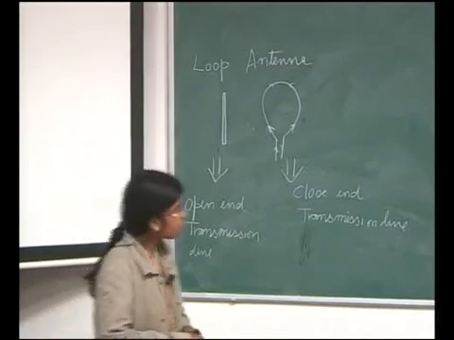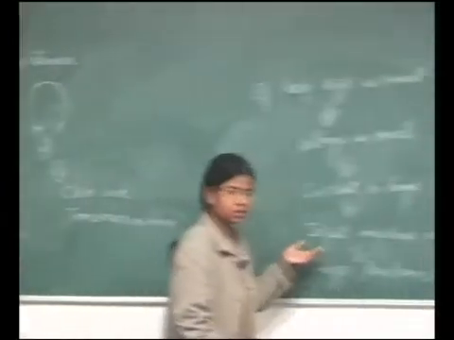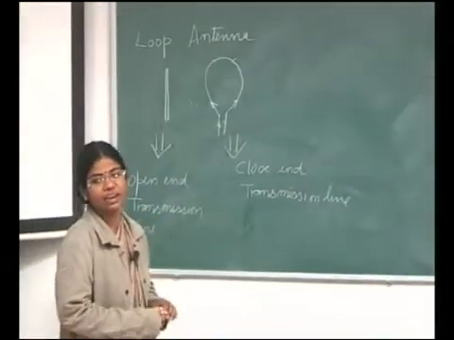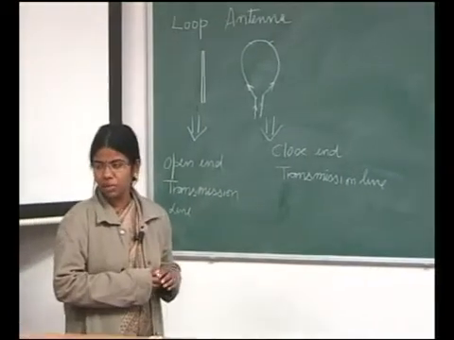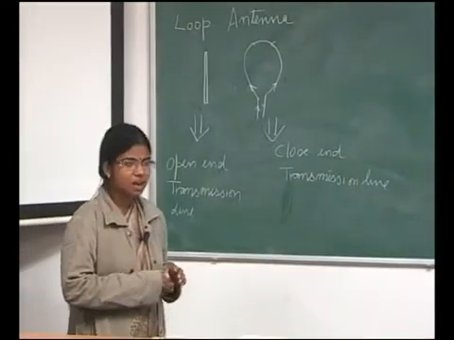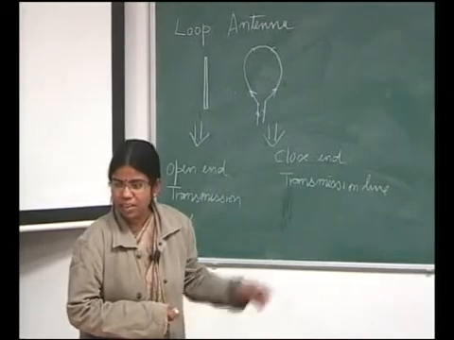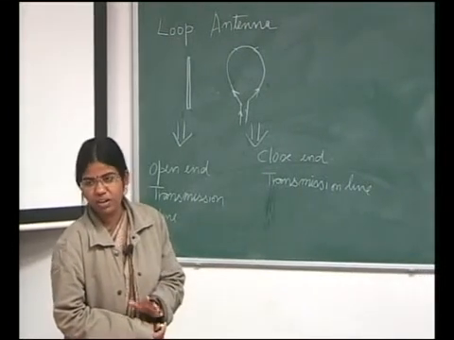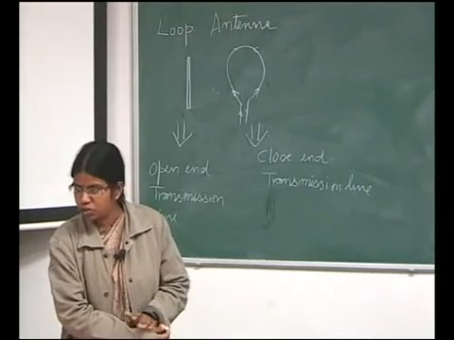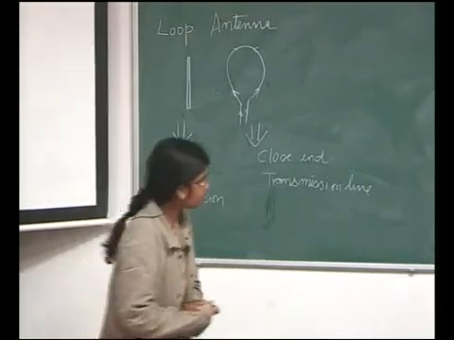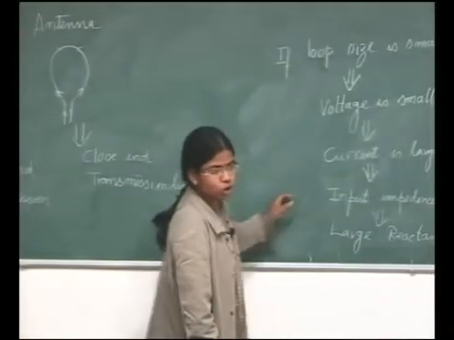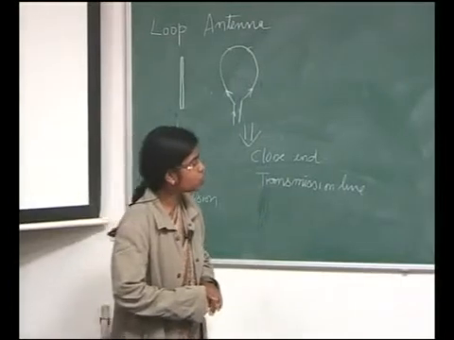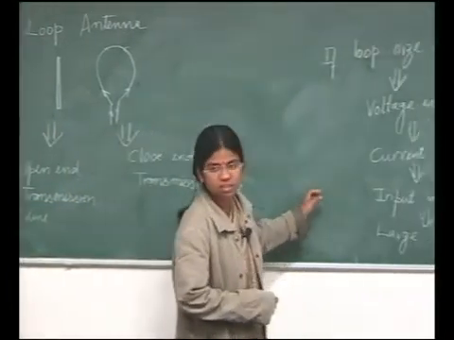So now we have very high input impedance, so sometimes it is very difficult to match these antennas to another circuitry, because the standard resistances are generally 50 ohms or 100 ohms and these resistances are more than that, and we know that for perfect power transmission the load or the impedance should be matched. So matching very high impedance to 50 ohms, 100 ohms or 75 ohms becomes slightly difficult, so they are very rarely used in transceiver systems.